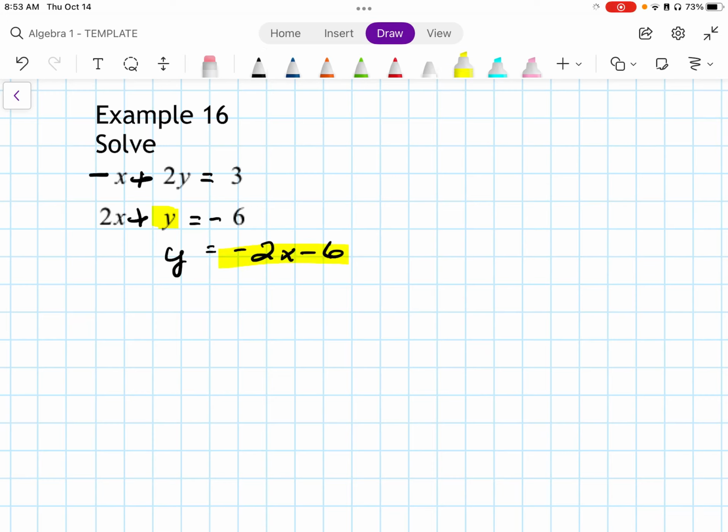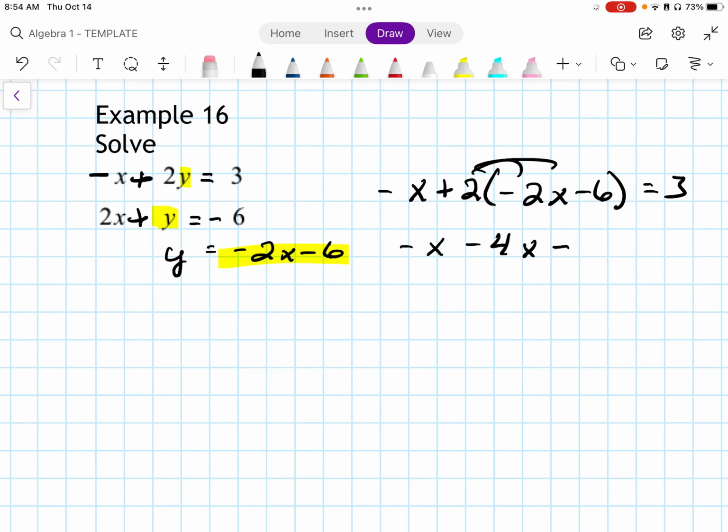And then I'm going to take this and plug it into the other y, so I'd have -x plus 2 times -2x minus 6 equals 3. Distributing the 2, I'd have -x minus 4x minus 12 equals 3. So -5x equals 15, and x equals -3.